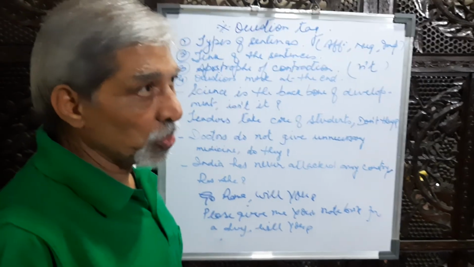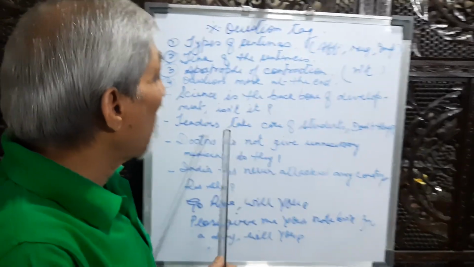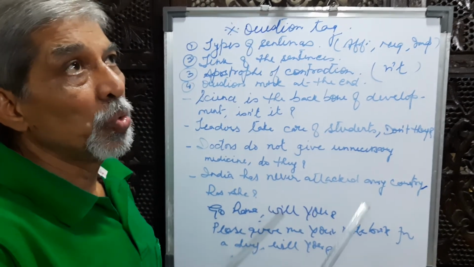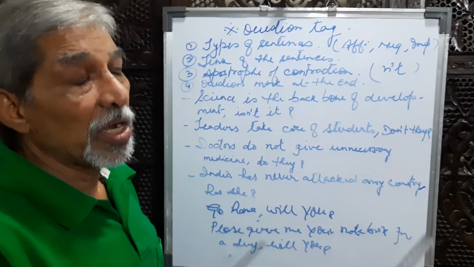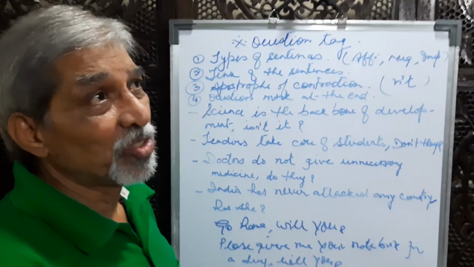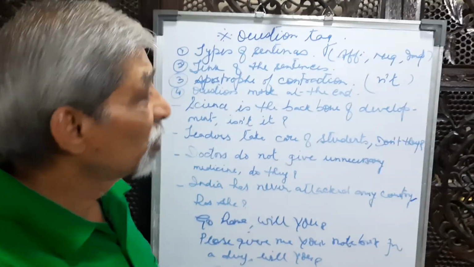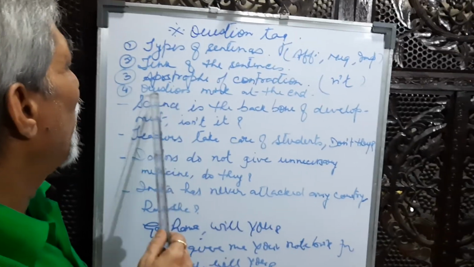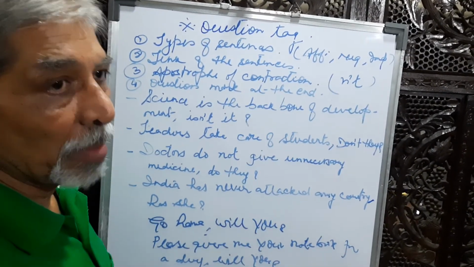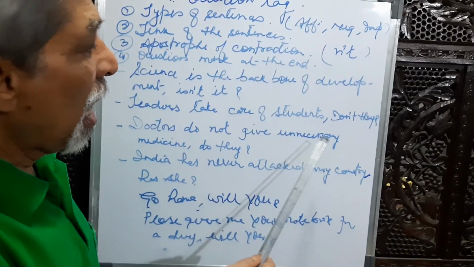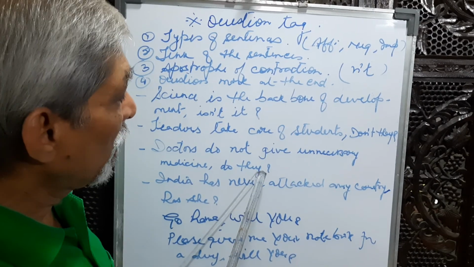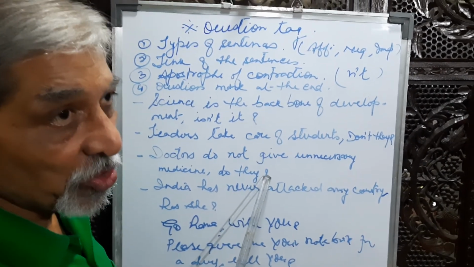But when the sentence is affirmative, we have to use the apostrophe contraction, that is, isn't, don't, didn't, haven't, hasn't, and so on. And next one is the question mark at the end. After the question tag, this question mark is a must.